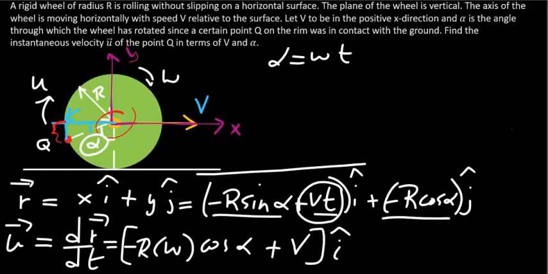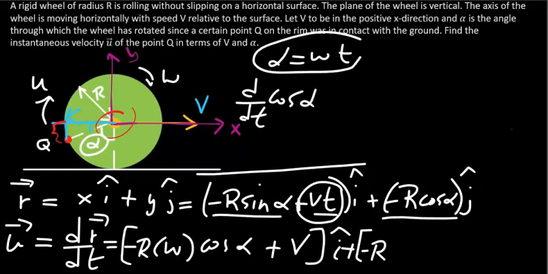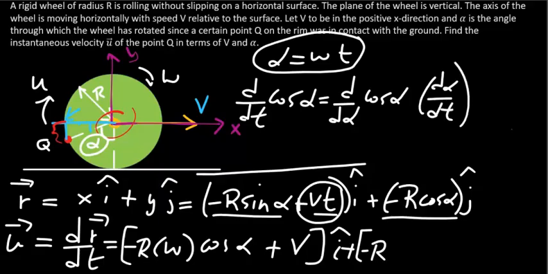Now let's do the y component. The minus r will just follow. When you take the time derivative of cosine alpha, knowing alpha has such a dependence on time, you'll get d/d alpha of cosine alpha times d alpha/dt, which is omega.